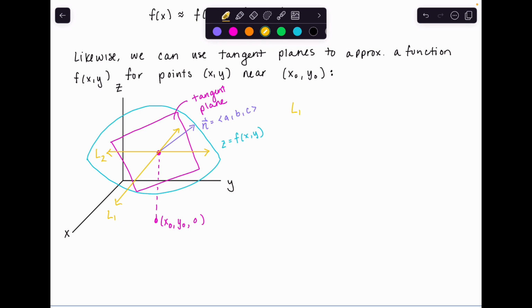We know, based on our partial derivatives, that line 1 has slope, which is the partial with respect to x at that particular point. And line 2 has slope, which is the partial with respect to y at that particular point. Okay? And we know these lines are going to be tangent to the surface, so these lines are going to lie in the tangent plane.